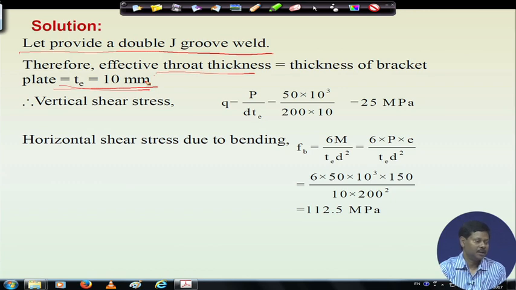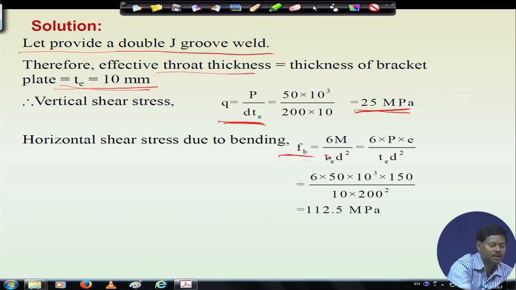If this is 10, then the vertical shear stress we can find out, that q is equal to P by D into TE. So, vertical shear stress we are getting 25 MPa. Again, the horizontal shear stress due to bending, fb, we can find out, that is 6 m by TE into D square.